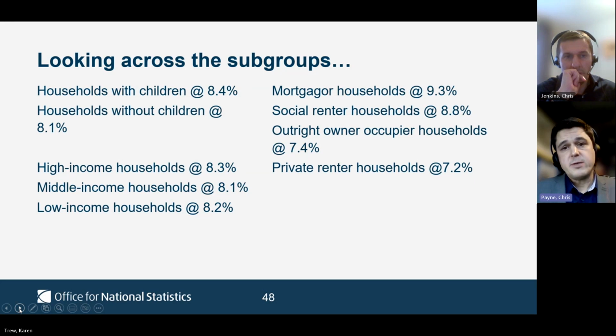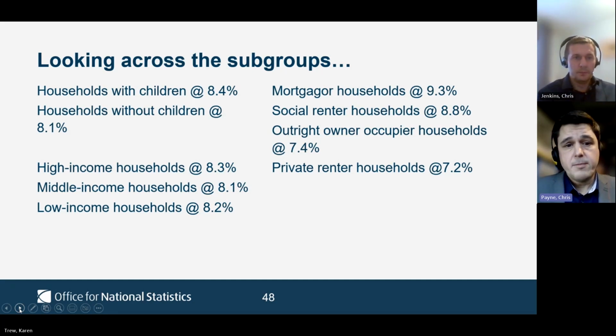In September 2023, they've seen inflation rates of 8.4% and 8.1% respectively. And this is due to mortgage interest payments again. So households without children tend to have quite a big overlap with retired households, and so you see less of a contribution coming through from mortgage interest payments there compared with households with children.